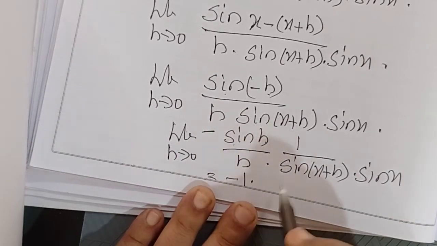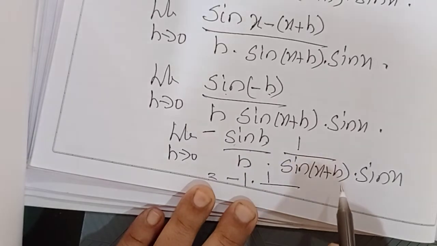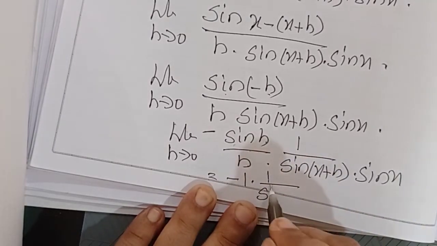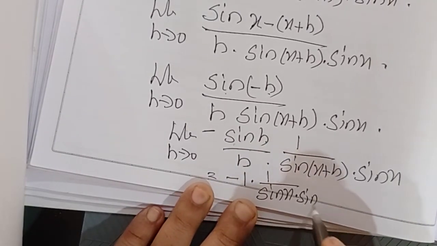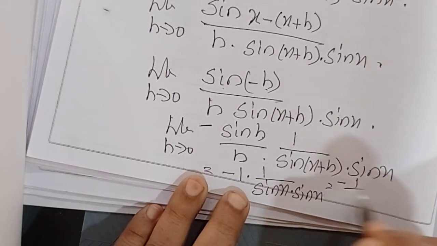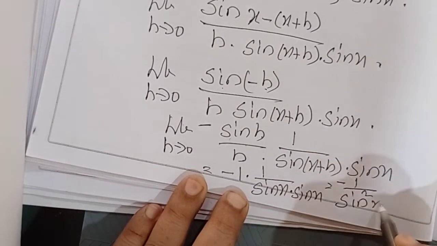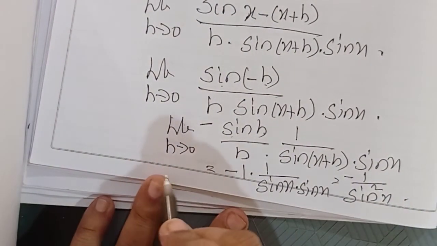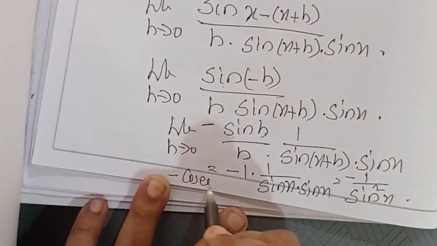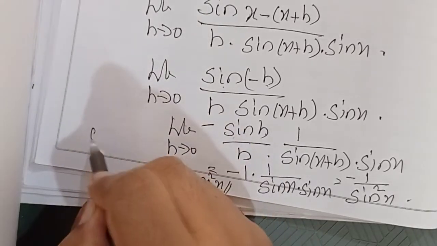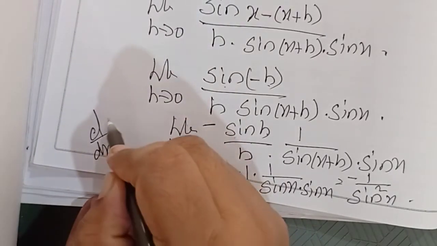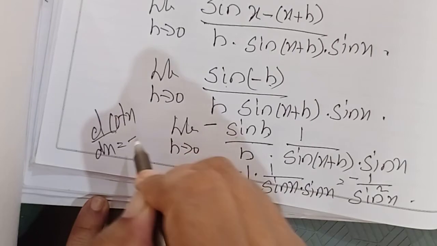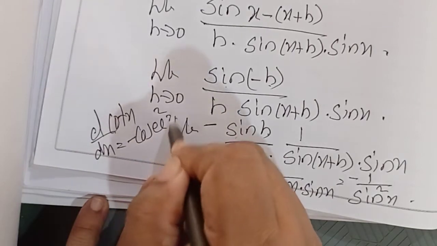Therefore, minus 1 into 1 by, when you apply here h tends to 0, sin x into sin x. That is minus 1 by sin square x. Minus 1 by sin square x is minus cosec square x. d by dx of cot x is minus cosec square x.